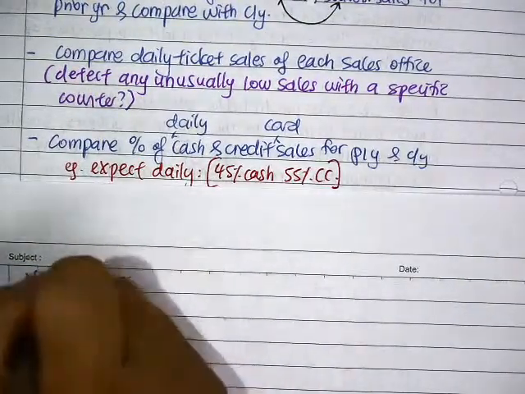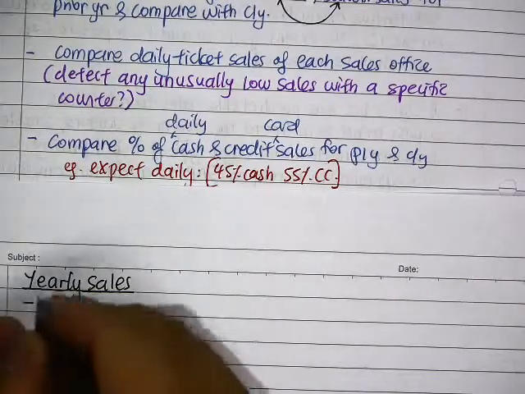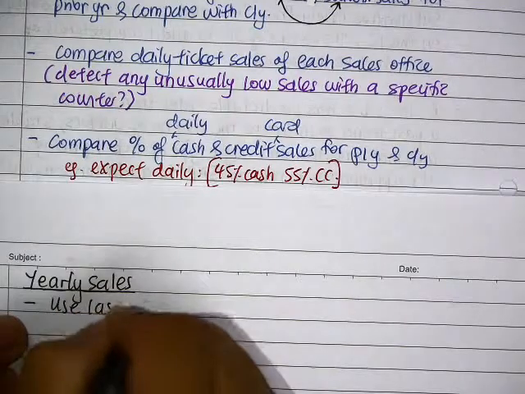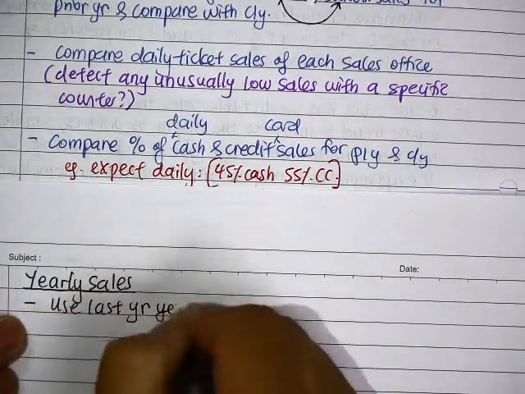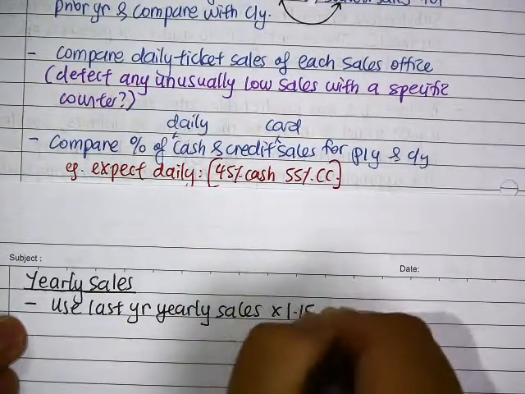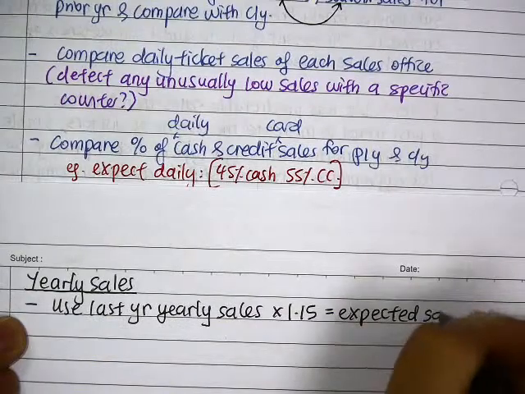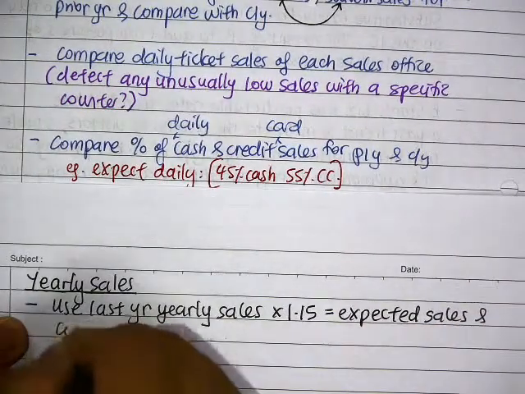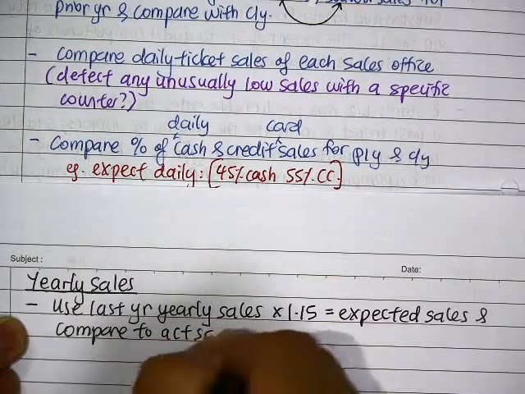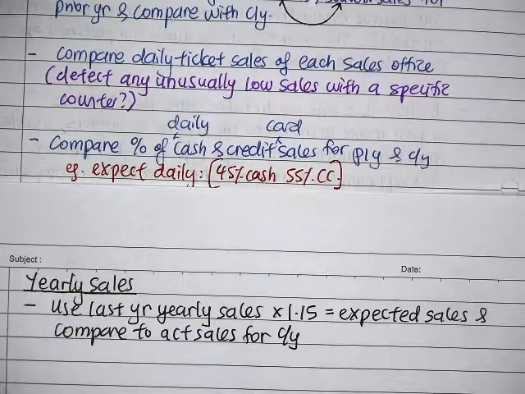Some of those relationships that I can use from the case study are the inflation and the growth. Now I can use last year's yearly sales times 1.15 to be the expected sales and compare to the actual sales for the current year.